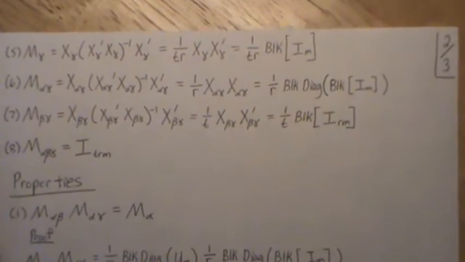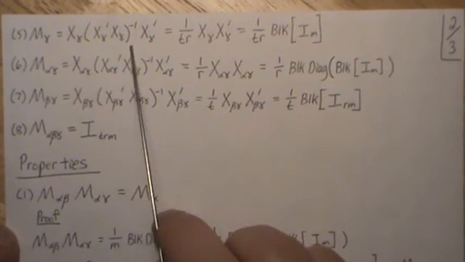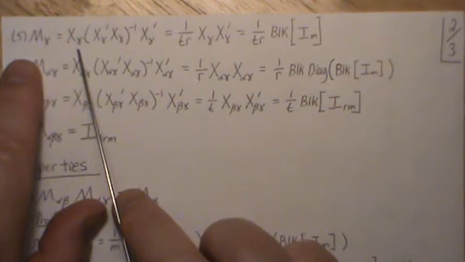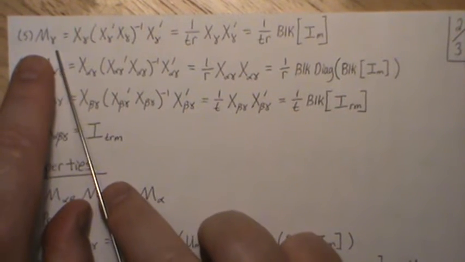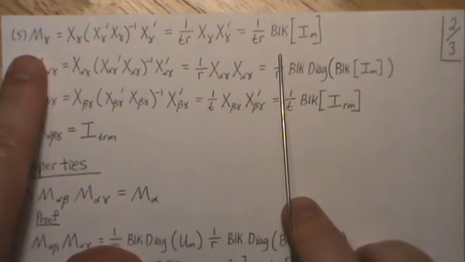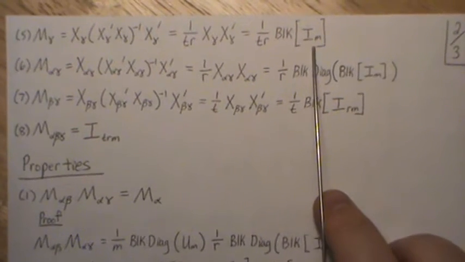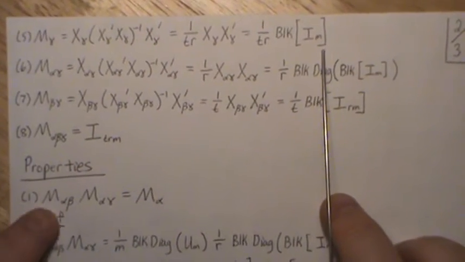Then M alpha, again, you use the column space of X gamma. I said alpha, but it's M gamma. And it ends up being what's called a block diagonal of the identity matrix.